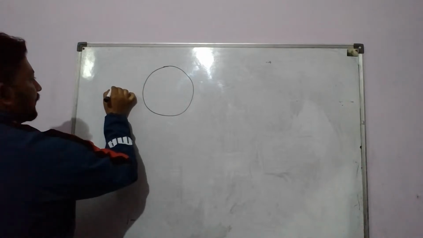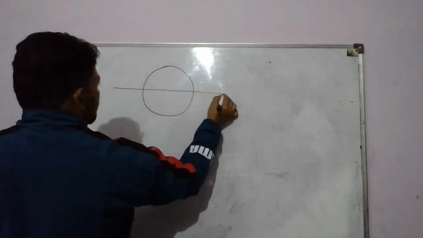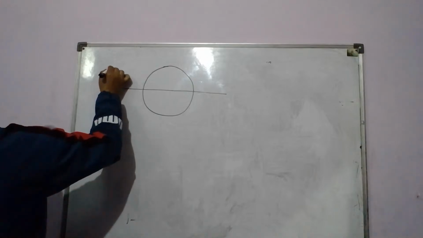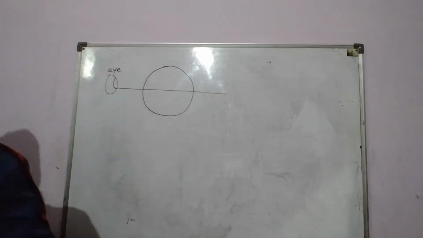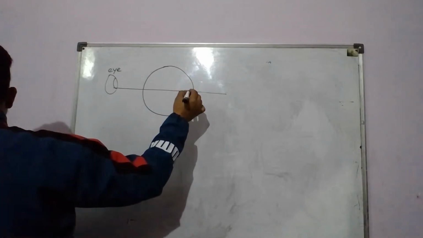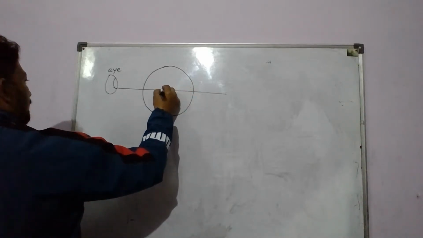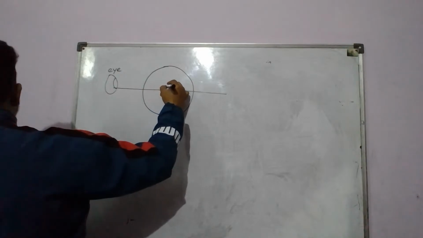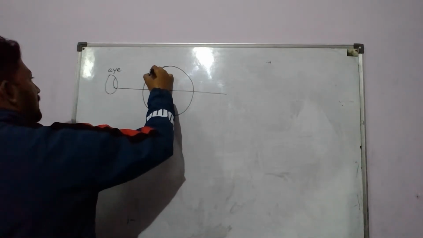You can see from this side. So this is your object, and this is the incident ray.